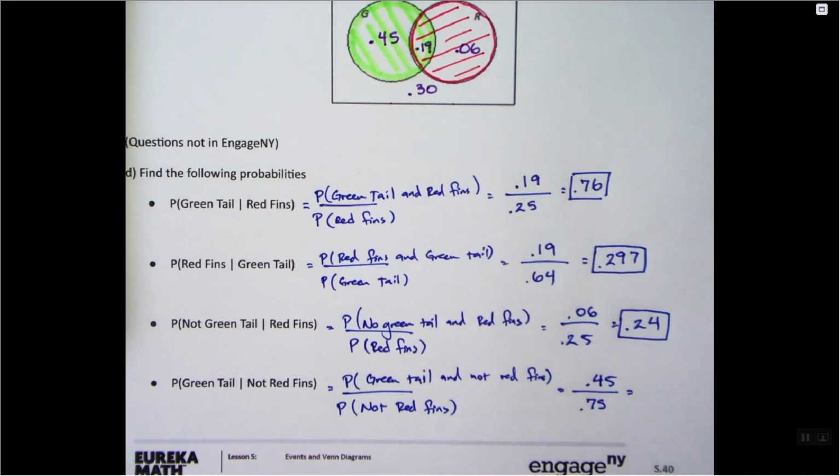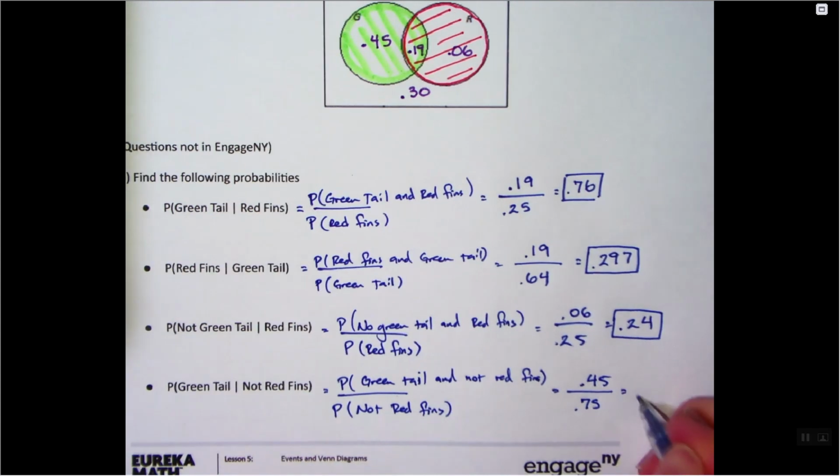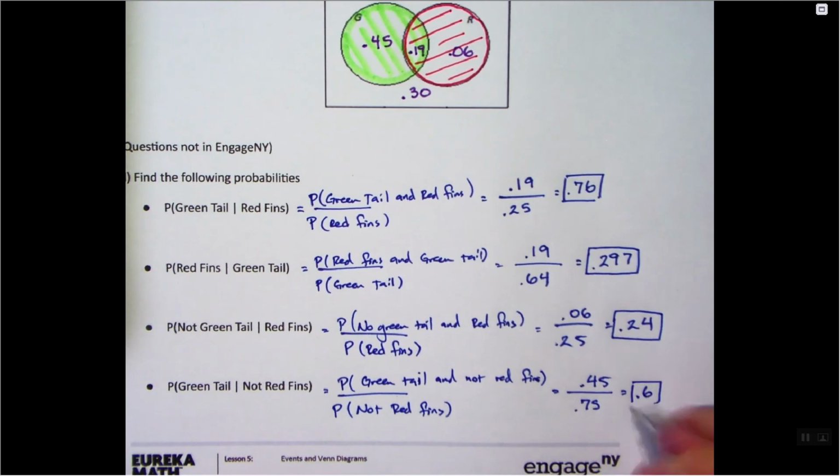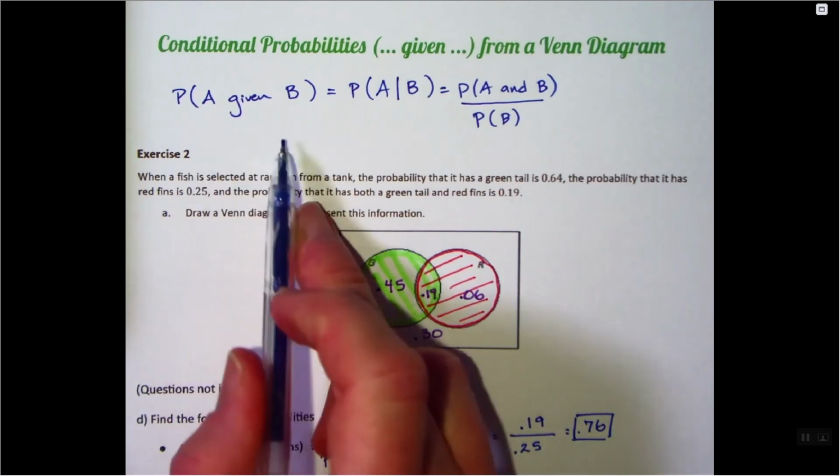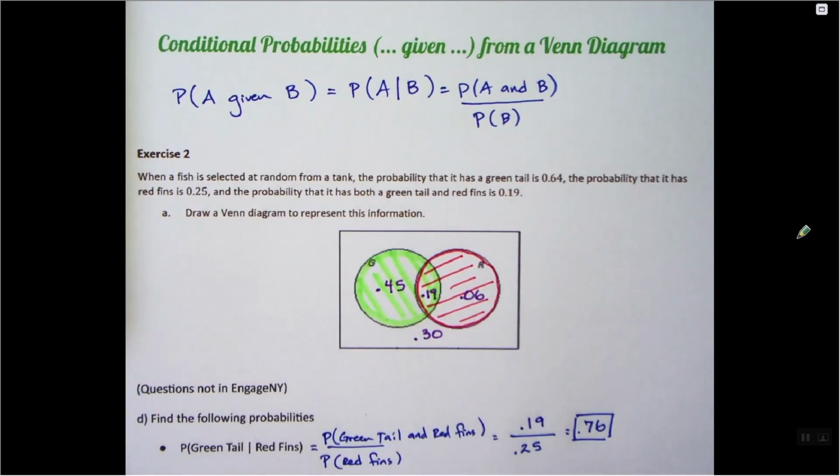Okay, and I can divide 0.45 divided by 0.75, and I get 0.6. Okay, this is about conditional probabilities, probabilities where there's some condition, A given B, and looking at that using a Venn diagram.